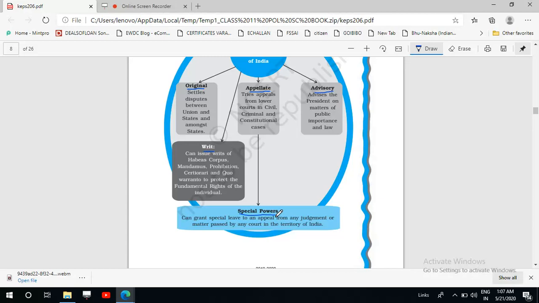It is used in cases when any such very important constitutional matter of law is involved, or any kind of gross injustice has been done.